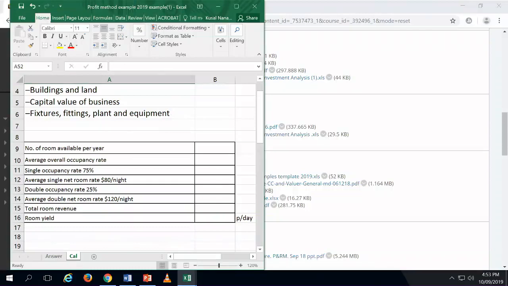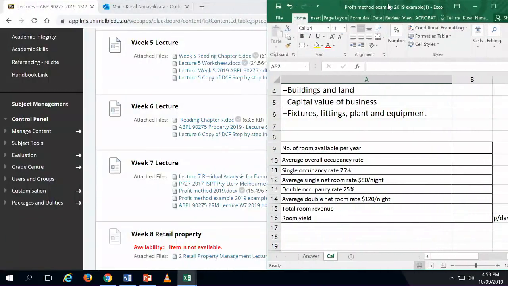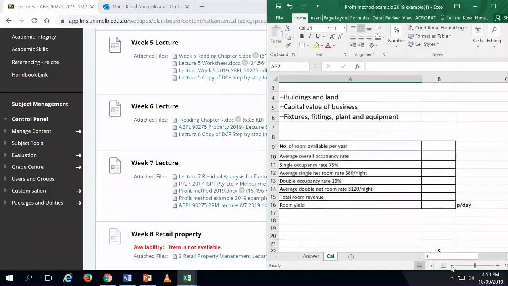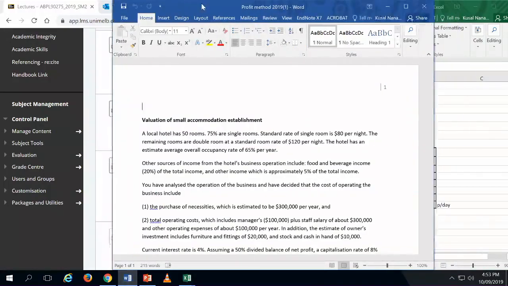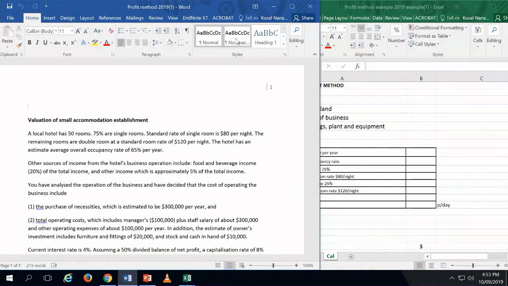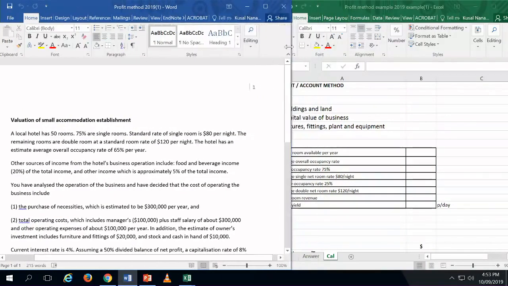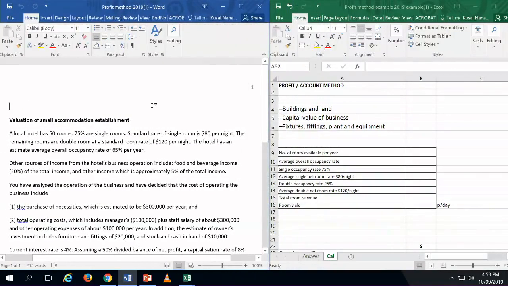Hope you can finish it in 10 minutes. The data is in a Word document in the LMS. Profit method. Yeah. Then you will sort out all your problems. It's theory, I'm telling you, you wouldn't get it. You actually get it when you do the calculation. Right?